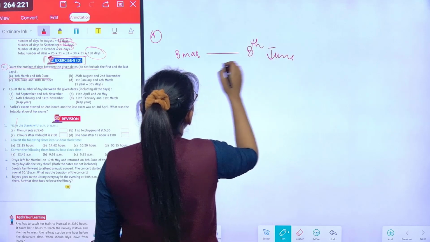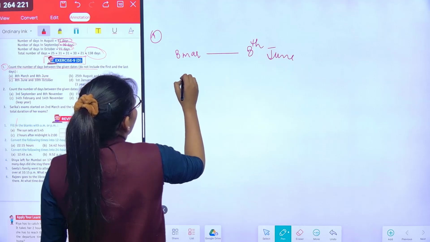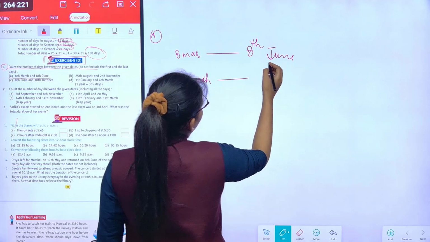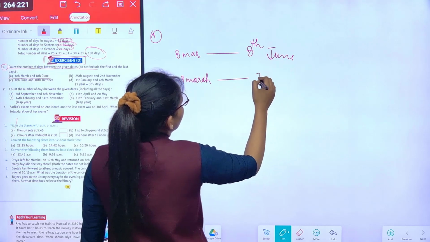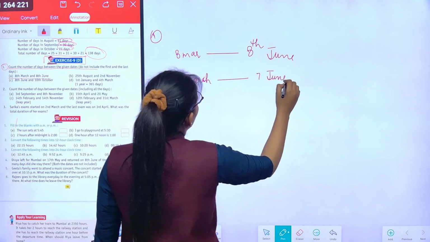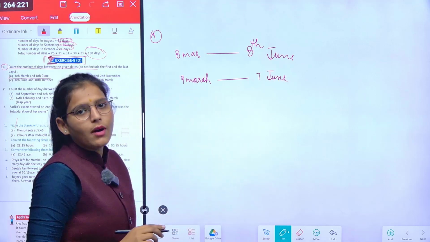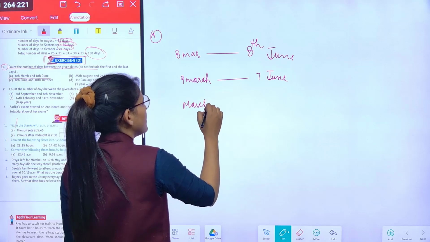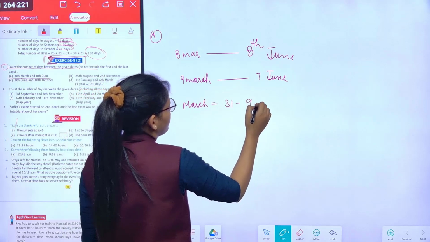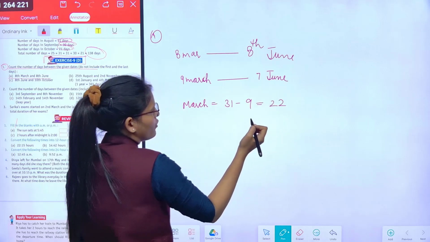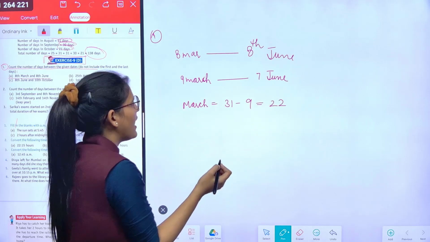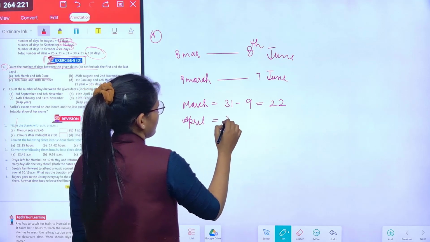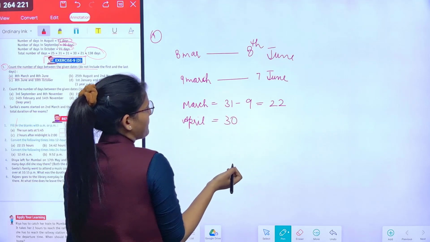So class, here it means we have to include the days from 9th March to 7th June. Now March has 31 days. So 31 minus 9, that is 22. Now April has 30. Okay, March.